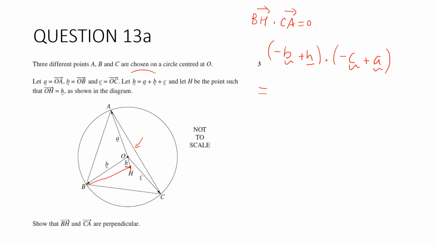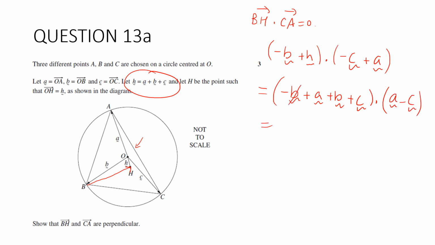Now we're going to use this part. So instead of h, I'm going to put in a plus b plus c, dot, just turn that around, a minus c, and that's going to be equal to a plus c dot a minus c. So we've got the difference of two squares.